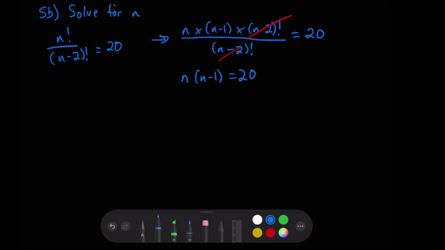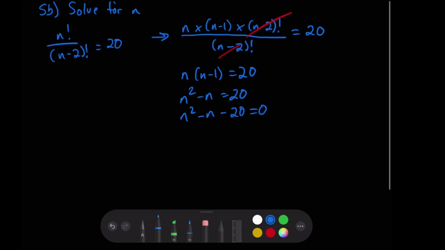And this is just going to be a quadratic equation that we can solve. So we're going to have n squared minus n equals 20, or n squared minus n minus 20 equals 0. Now we can use whatever method we choose, whether that's factoring or the quadratic formula, to solve.